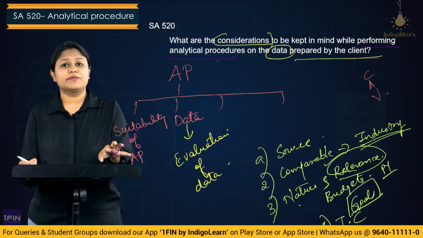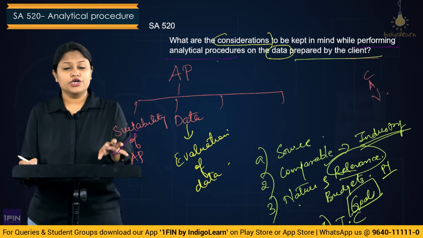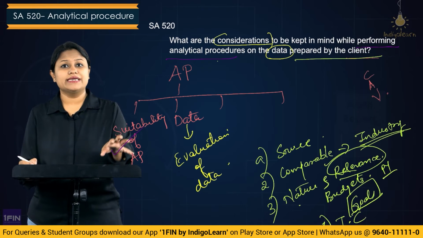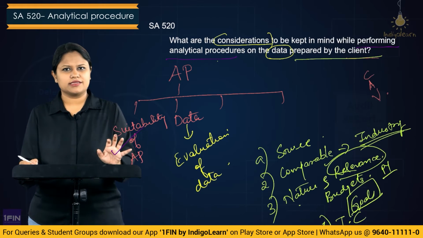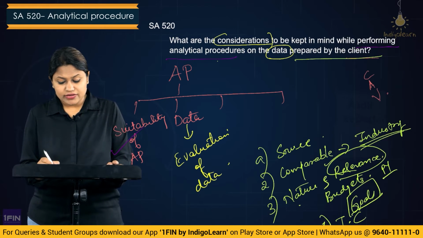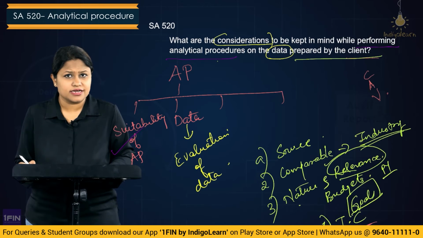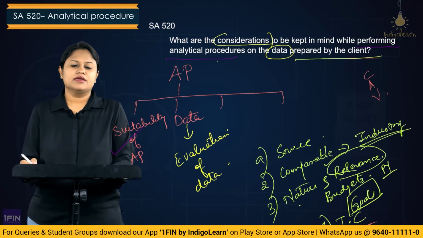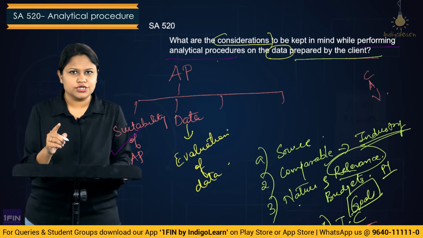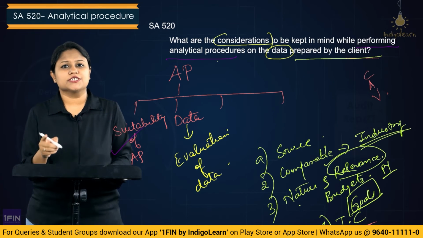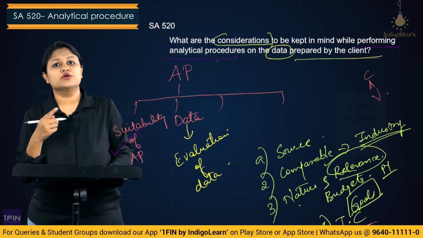For example, the data prepared should be properly reviewed, properly maintained, okay, properly reported, everything should be correctly done. Only then we are going to have faith in this particular data. So here we have to check the internal control over this particular data. That means you have to see who has the authorization, who has entered the data, who is responsible for verification, who is doing the counter checking.